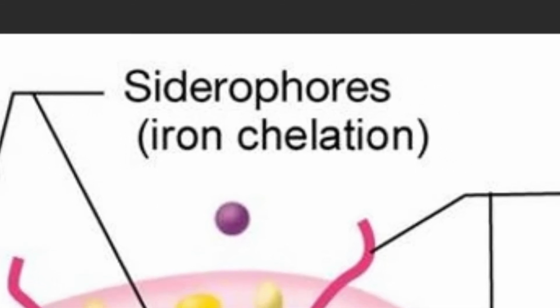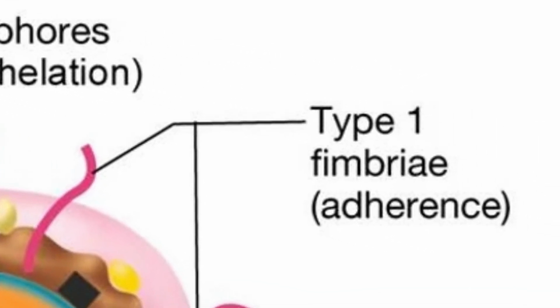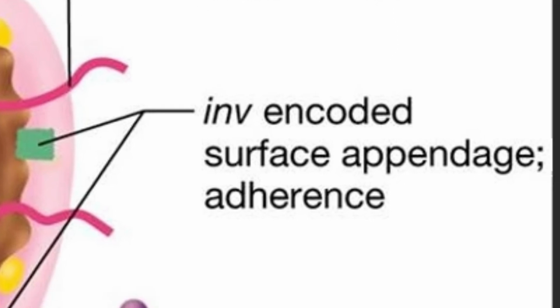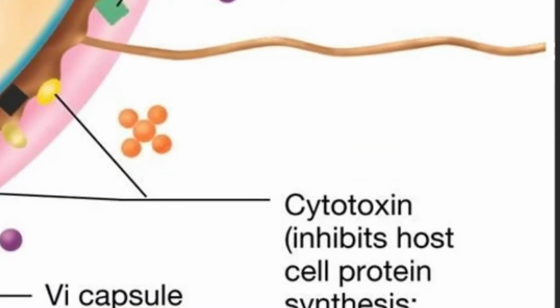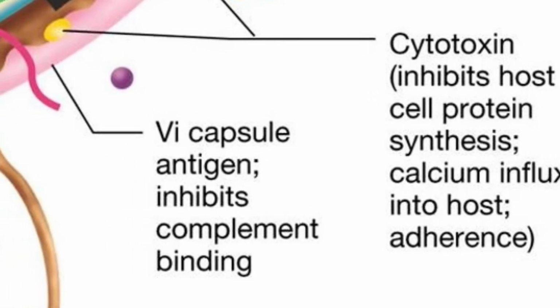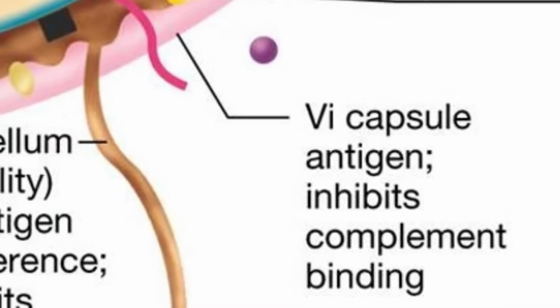This cell also has fimbriae, which we haven't talked about in a while, but fimbriae allow them to attach, to adhere. So first step is exposure. Remember, second step of infection is adherence. There are also these surface appendages which help with adherence. There are cytotoxins, which are capable of inhibiting cell protein synthesis, like the AB toxins that we talked about before. This cell also has a capsule, which inhibits complement binding.